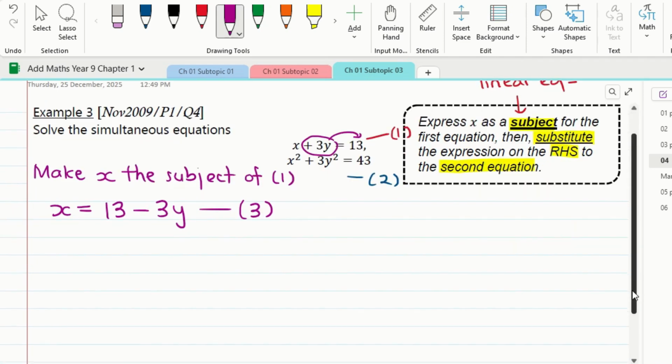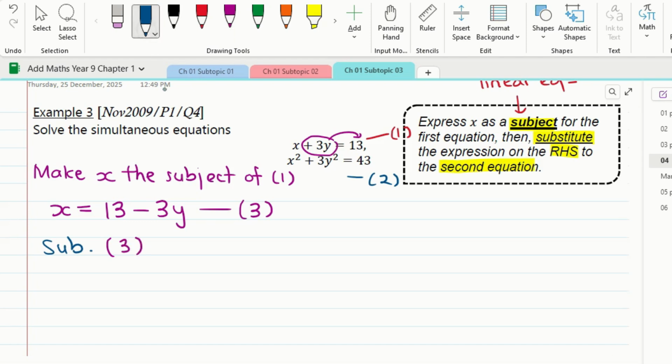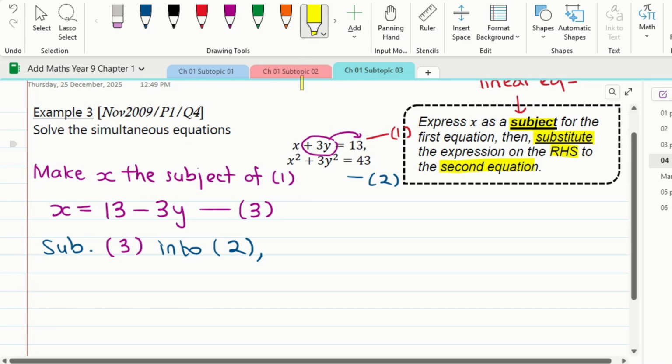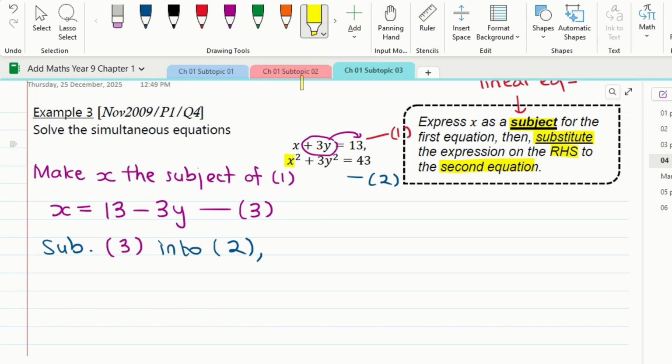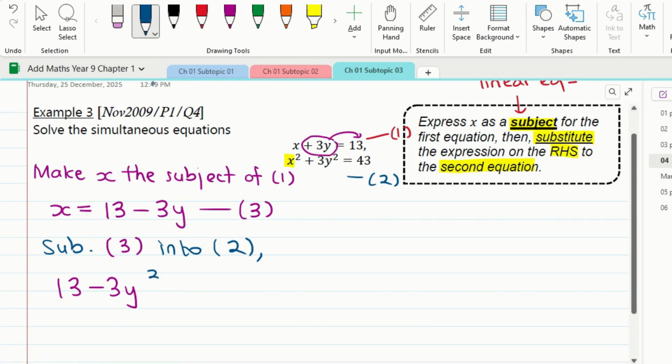So what happens afterward is that you have to substitute equation number 3 into equation number 2. Let's check number 2: x squared plus 3y squared equals 43, but the one unknown that will be replaced is x. So here (13 minus 3y) to the power of 2, but it is affecting the whole 13 minus 3y, so please give it a bracket.